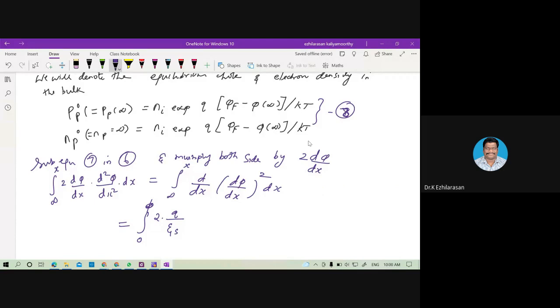From the equation number 6, after substitution from the equation number 7, we will get PP0 e to the power q phi of x by kT minus np0 e to the power q phi of x by kT plus Nd minus Na into d phi. Consider this as equation number 9.